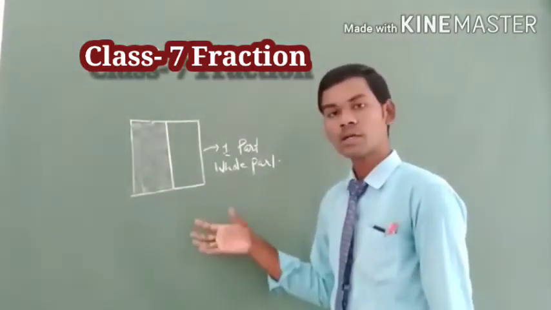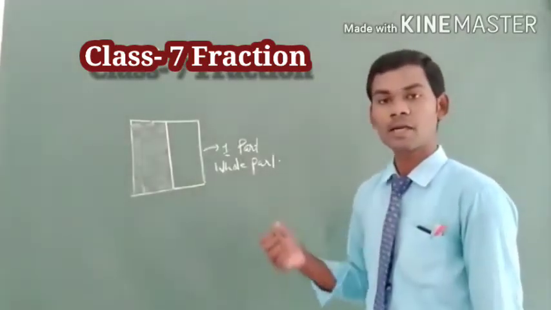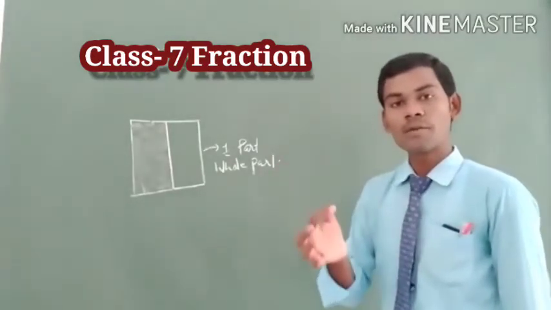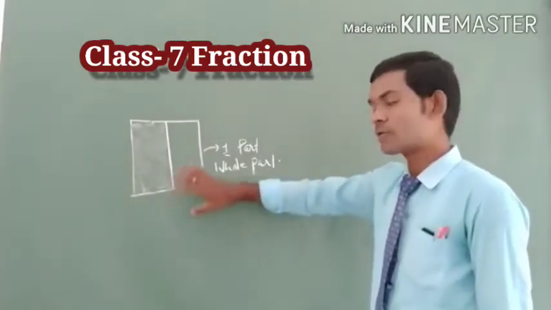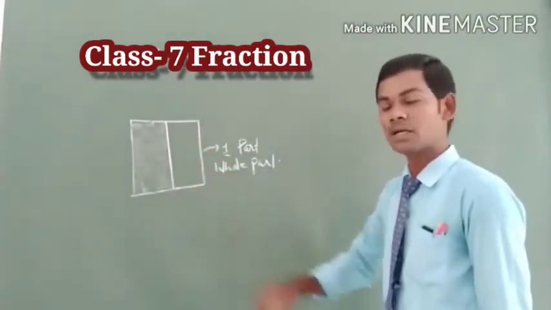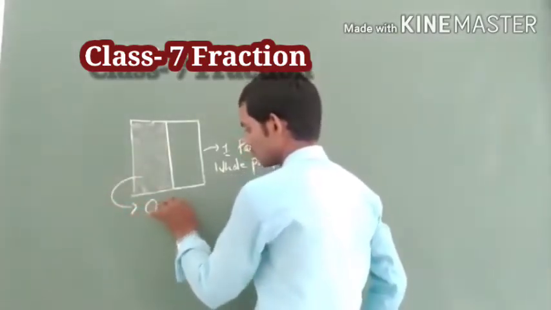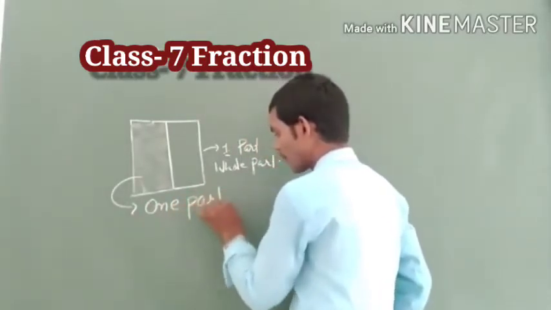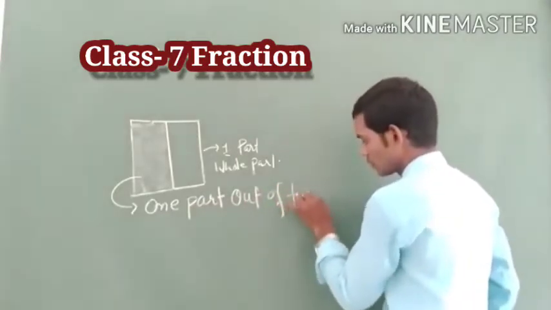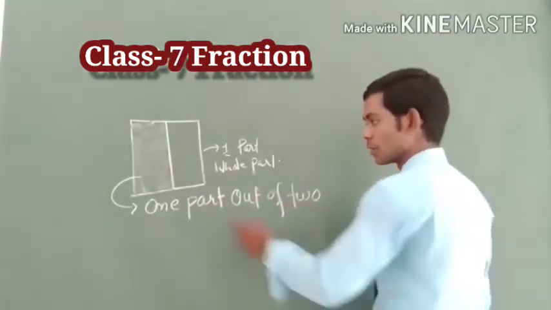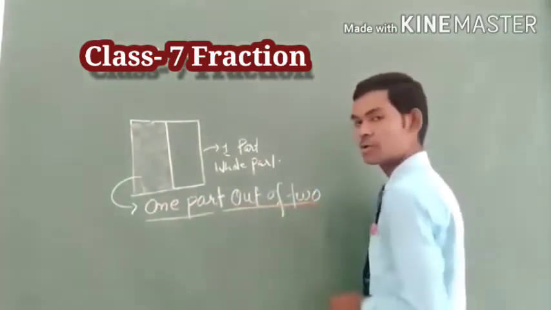So if I ask how much of the square is shaded, then we say that one part out of two parts. One part out of two has been shaded here, and then we say that one part out of two. Okay, the meaning of this figure is one part out of two.